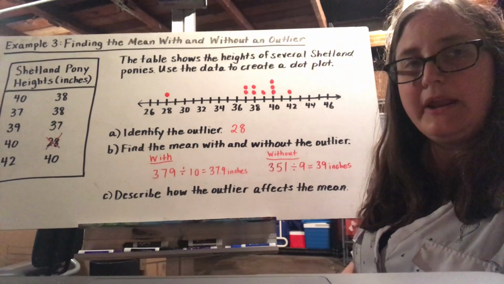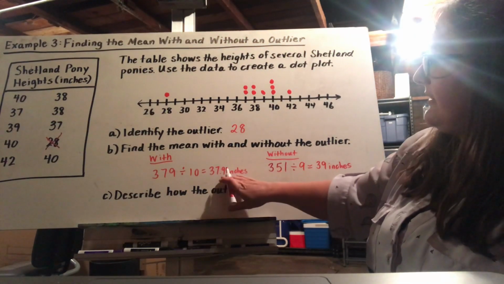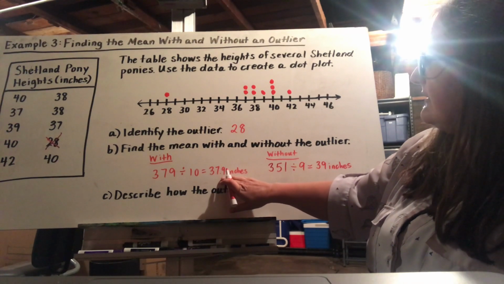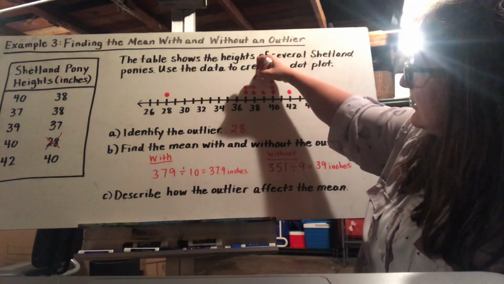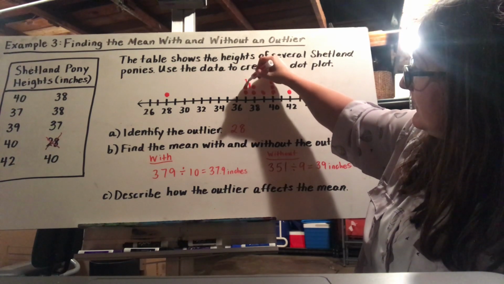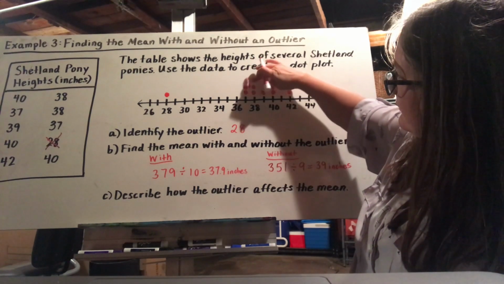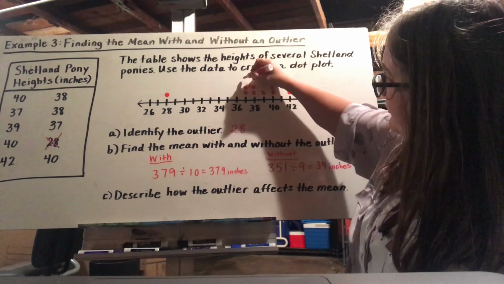So when I look at how the outlier is affecting this data, I see that 37.9 inches, that would be right about in here. This 37.9.